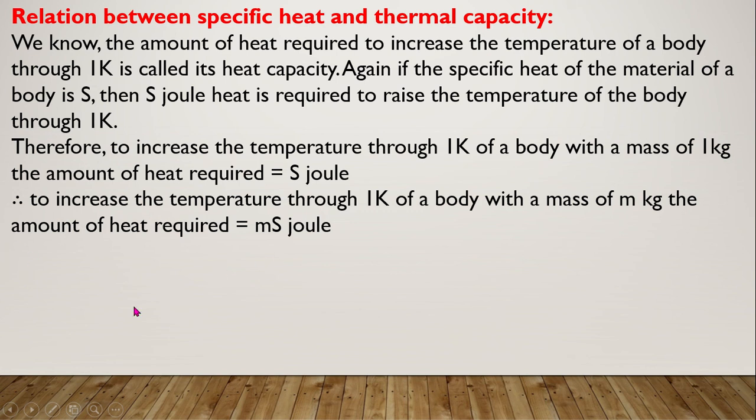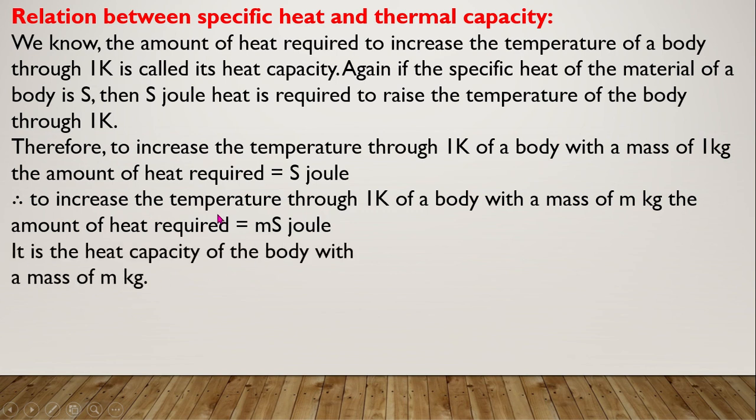Okay, ms joule. And you know, the heat required to raise 1 Kelvin temperature of m kg of any substance is known as heat capacity. So we can write it is the heat capacity of the body with a mass of m kg. So heat capacity C equal to ms joule.